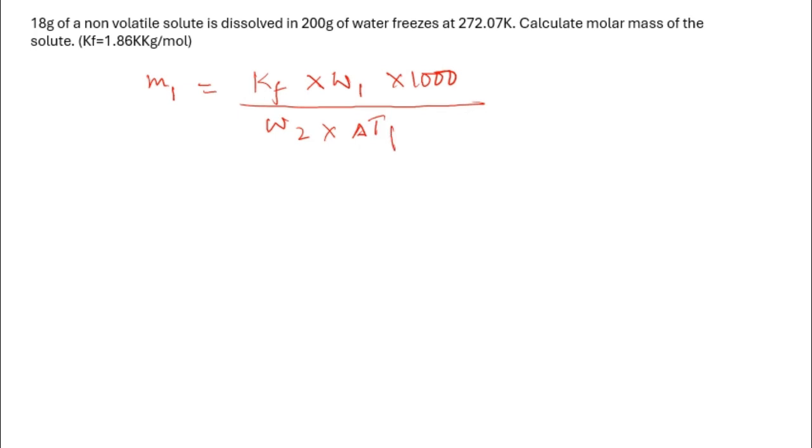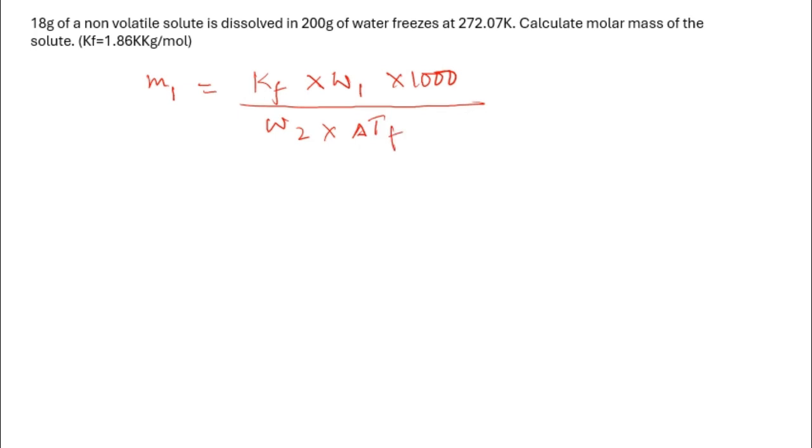So the formula for molar mass, say molar mass of solute is M1, is Kf into amount of the solute multiplied by 1000, divided by amount of the solvent, which is water here, multiplied by depression in freezing point.